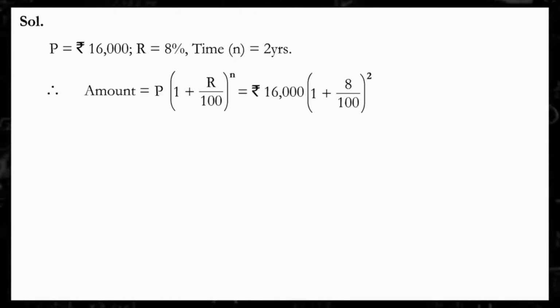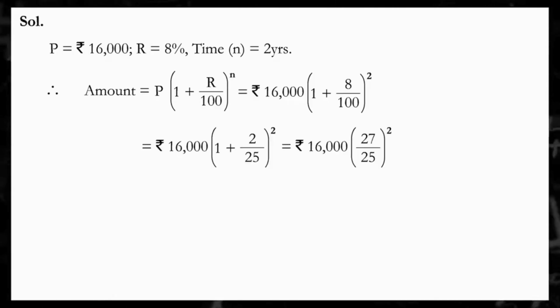Therefore, amount A is equal to P into, in the brackets, 1 plus R upon 100, the whole raised to the power n, which is equal to rupees 16,000 into, in the brackets, 1 plus 8 upon 100, the whole square, which is equal to rupees 16,000 into, in the brackets, 1 plus 2 upon 25, the whole square, which is equal to rupees 16,000 into 27 upon 25, the whole square.